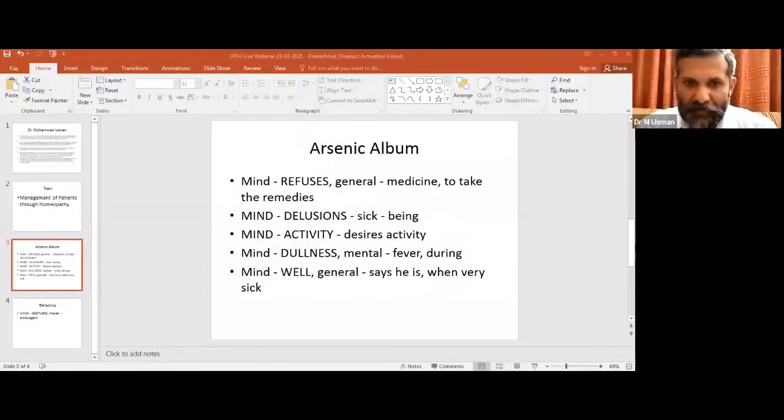If you people can see, I've shared the screen. This is the case of Arsenic album. I've taken it today, and how I managed that case through homeopathy in less than 5 minutes.